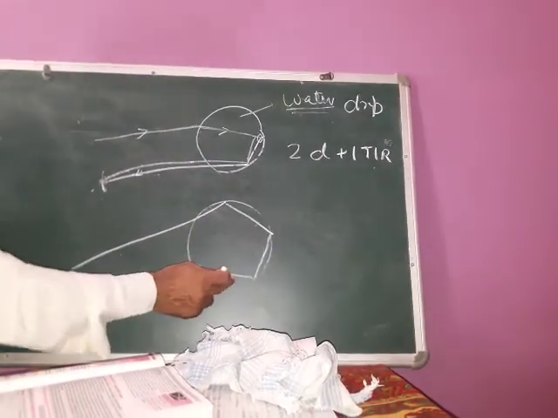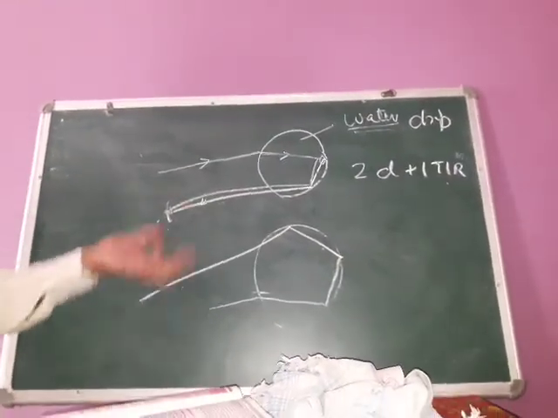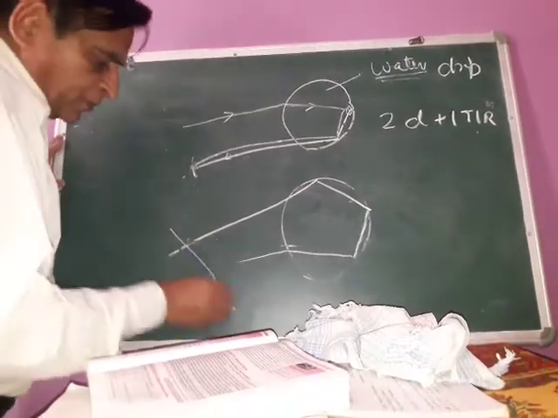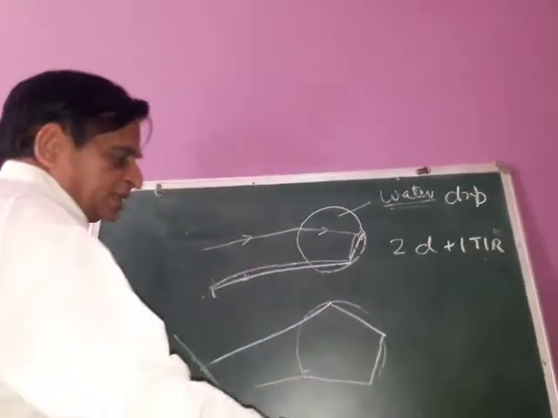So two internal reflections and two refractions. This is the cause of the secondary rainbow. The order of the colors is reversed in the secondary rainbow compared to the first rainbow.